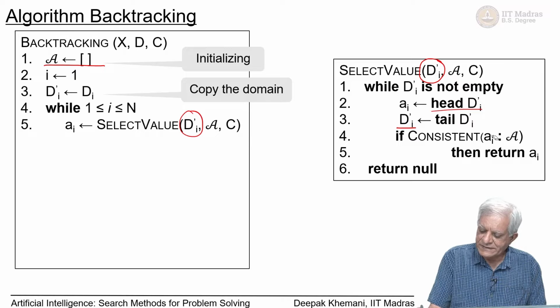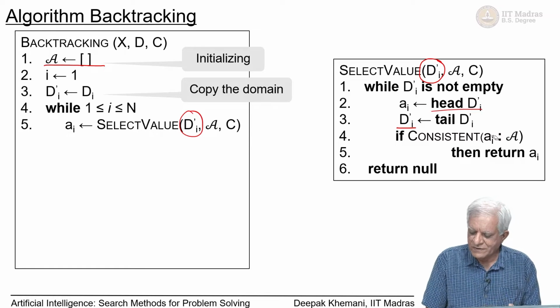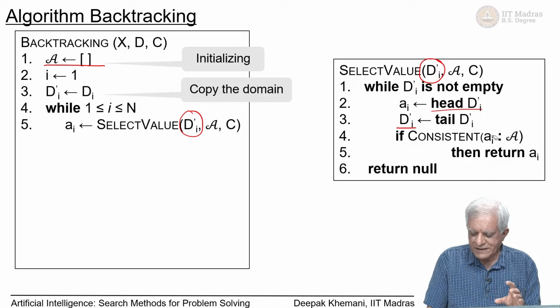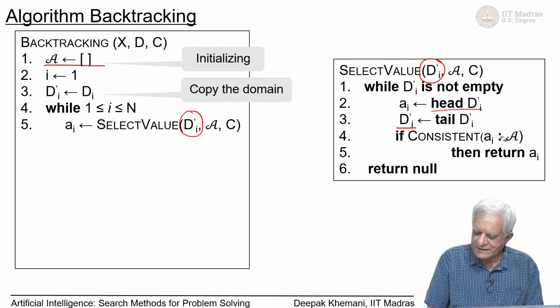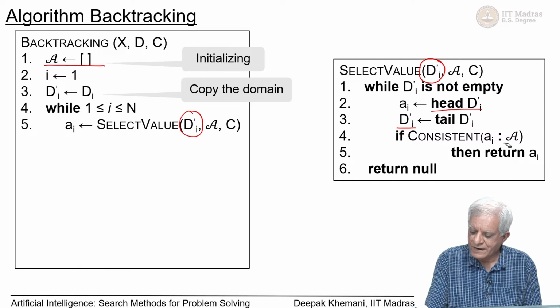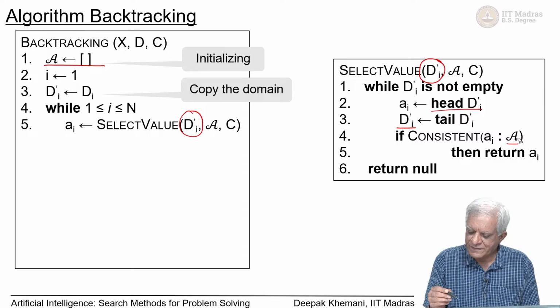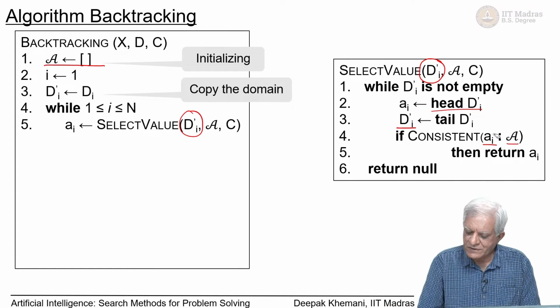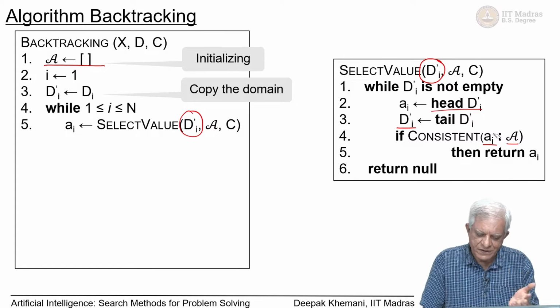If it is consistent, we have already defined this notion of consistent: an assignment is consistent if it satisfies all the constraints whose scope falls within the variables that this assignment has given values to. So, A is what we had passed to this stage, constructed till i minus 1, and Ai is the value that we are choosing for this particular variable.